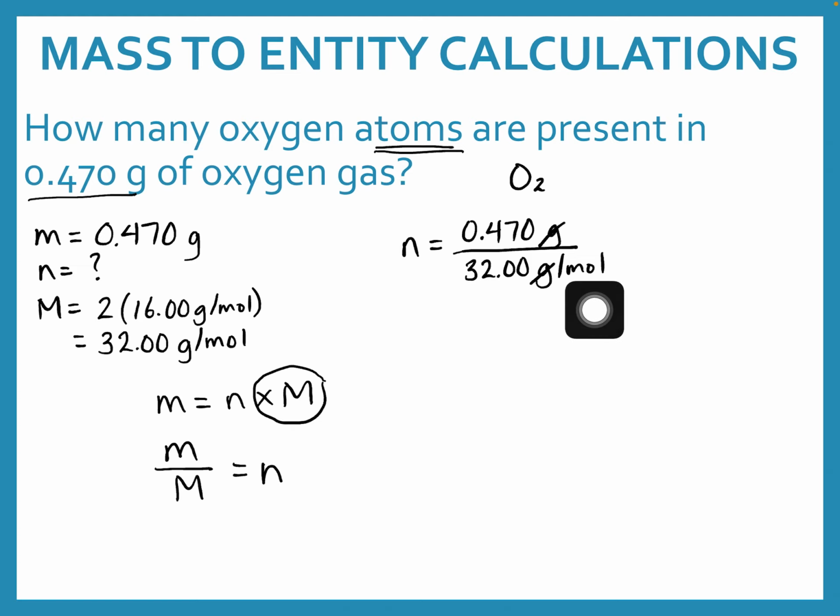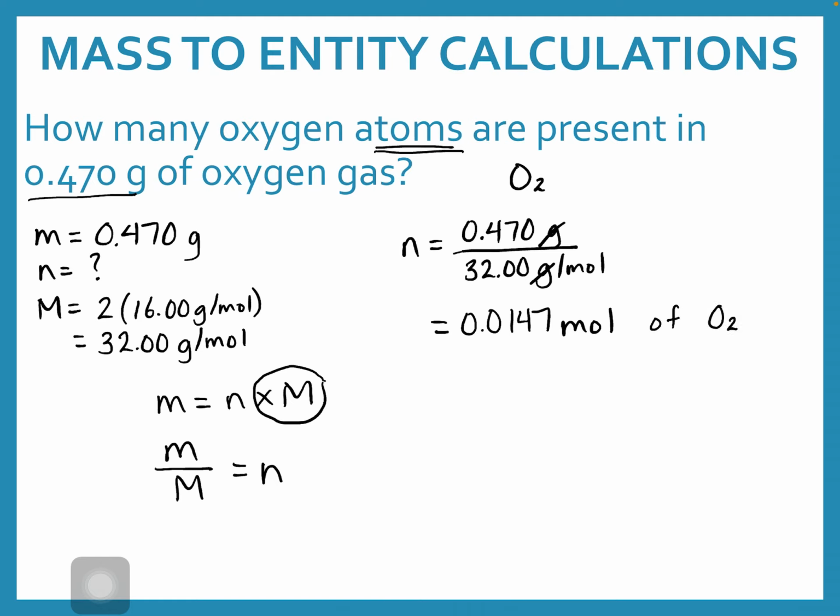Moles is in the denominator, which moves it up to the numerator. So 0.470 divided by 32.00 gives me 0.0147 moles. That is how many moles of O2 I have.